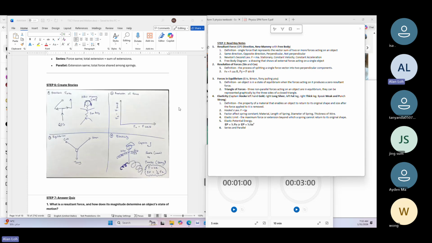Step number 6. This very ugly picture that I draw, okay, it's very clear that I'm not an artist because this is what I draw. So what I did, I create stories. Remember, I told you emotion plus information equivalent to long-term memory, right?